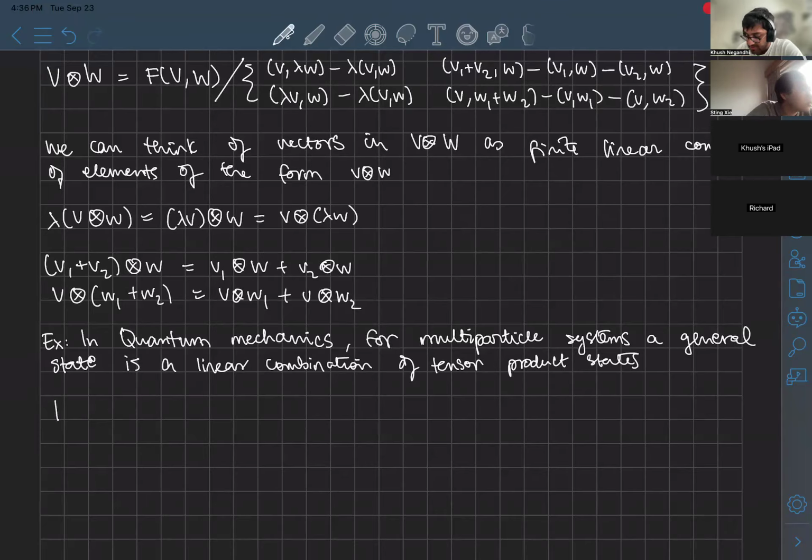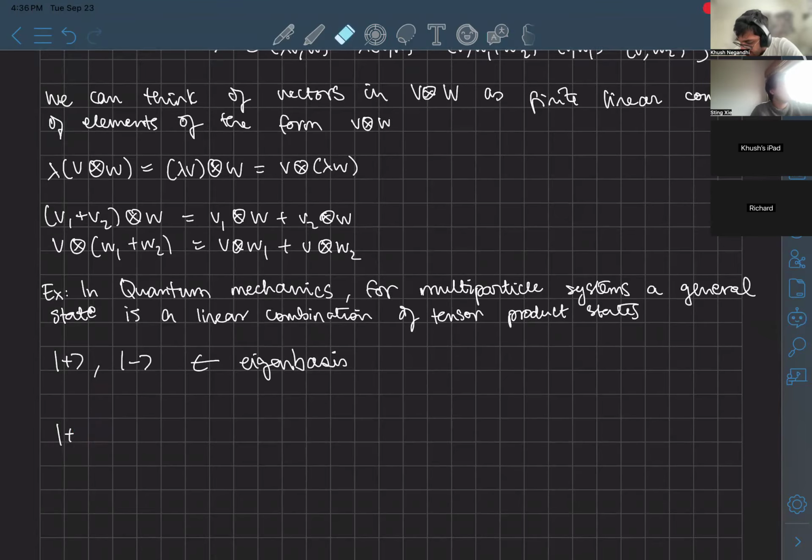Say we have one particle, it can be either plus or minus, but then we have two particles possible. So this is the eigenbasis. Then two particles can be described as, I don't know if you've seen the notation, it's written like this, up to some normalization, of course.